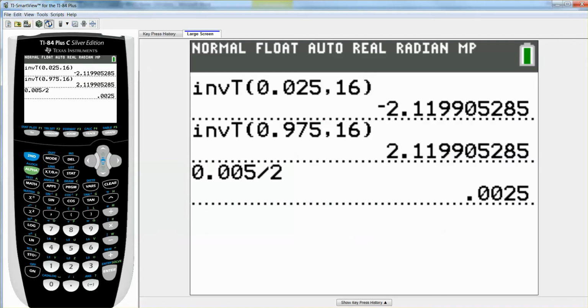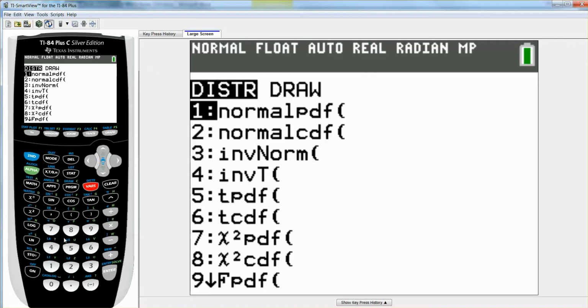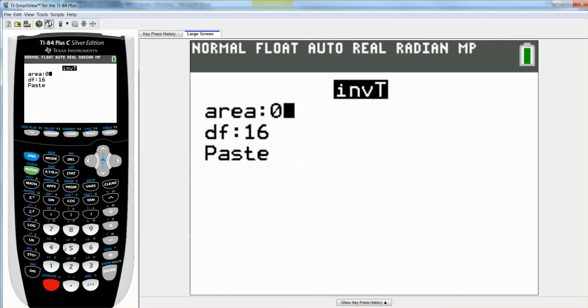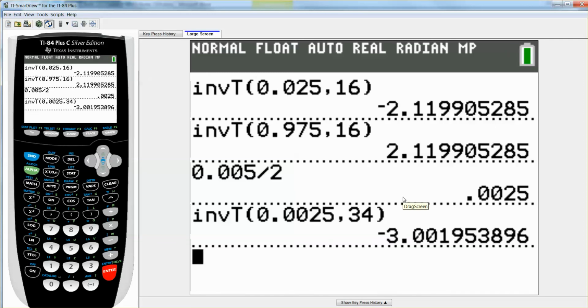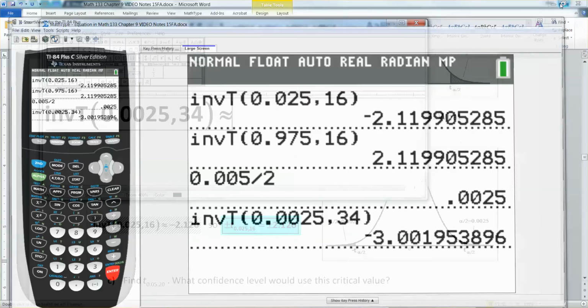So let me grab my calculator, go to second distribution. I want to pick number 4, so you can just press 4. And I want to type 0.0025. 34 is my degrees of freedom. And I pressed enter on paste, and I pressed enter again, and I got 3.002 negative.